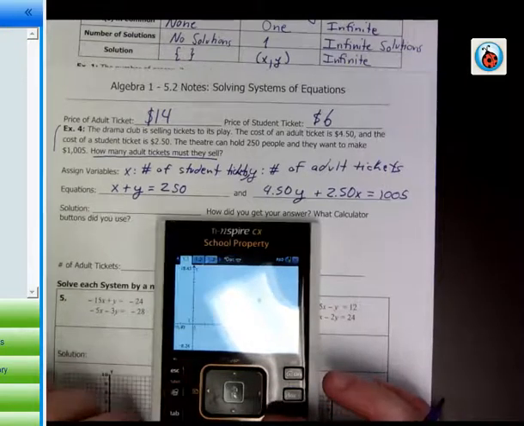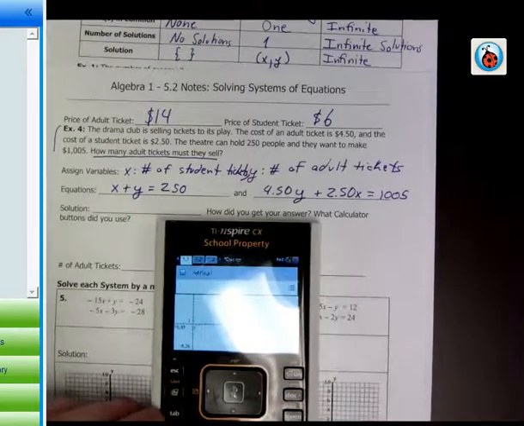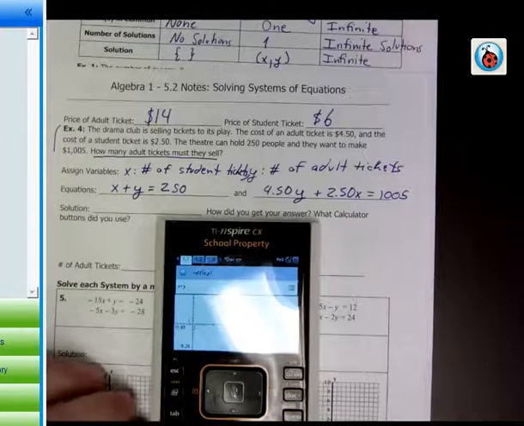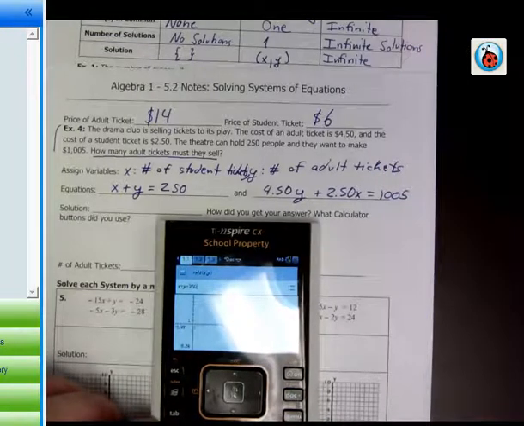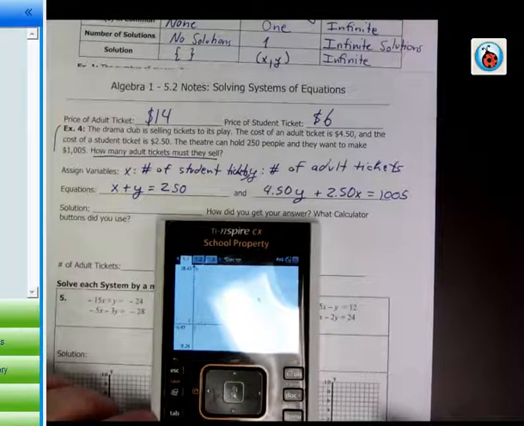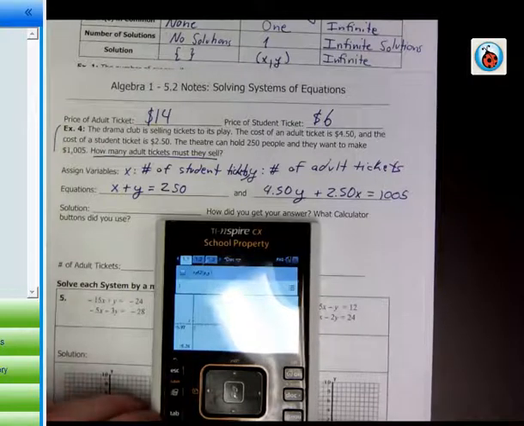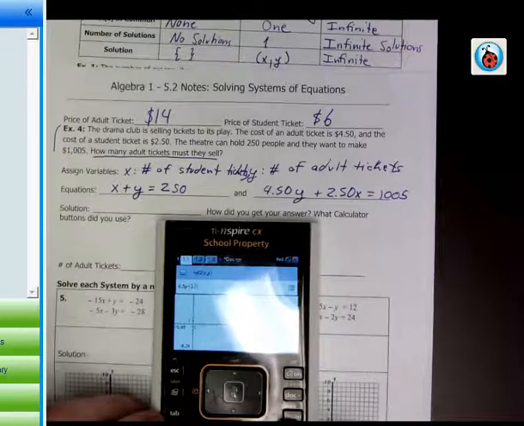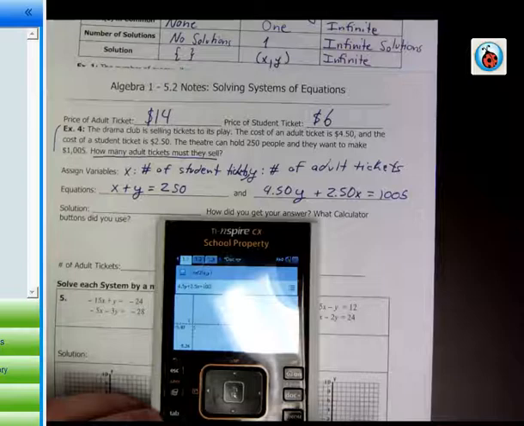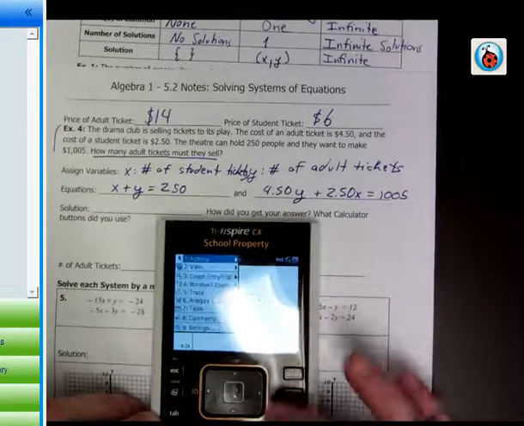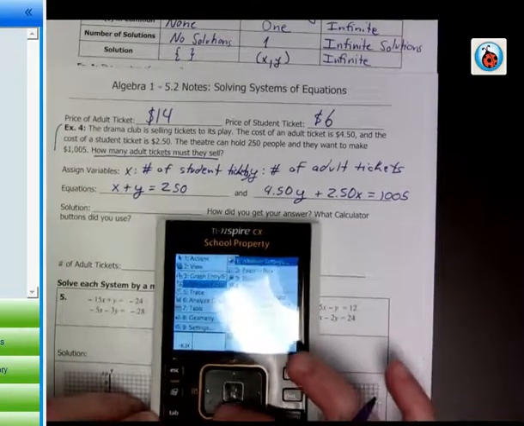So let's enter our equations. It's already in relations. X plus y equals 250. And I got tab 450 times y plus 250 times x equals 1,005.